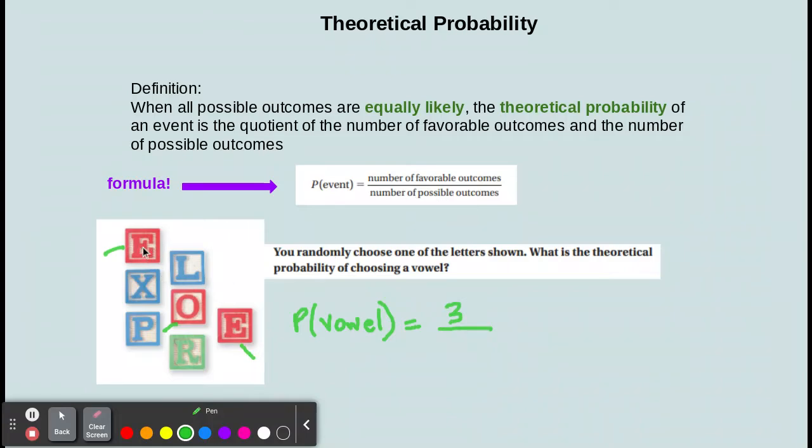How many blocks do we have? 1, 2, 3, 4, 5, 6, 7. So 3/7 is the same as 0.43, which in percentage form is 43%. So our theoretical probability that we pull a vowel from these blocks is 43%.